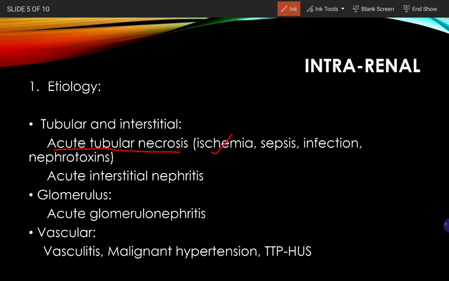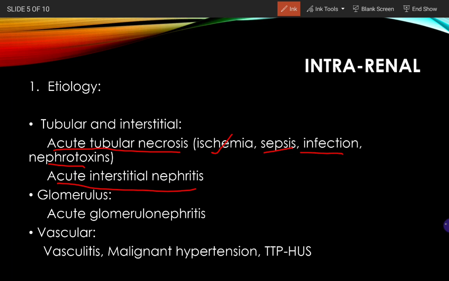It can also be preceded by a pre-renal cause. Long-standing reduced blood supply can lead to ischemia, which can lead to acute tubular necrosis, or it can be due to sepsis, infection, or nephrotoxic drugs. Another one is acute interstitial nephritis, that is, the interstitium of the kidney undergoes inflammation and there's a pathology there.